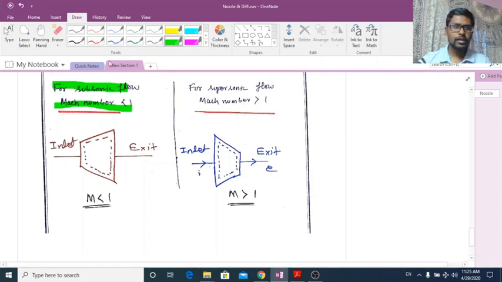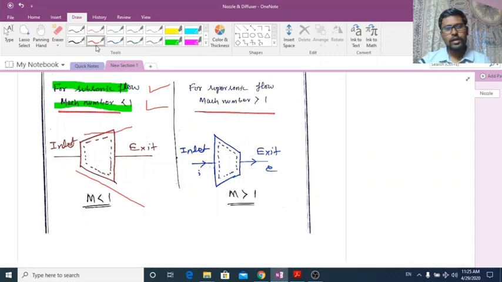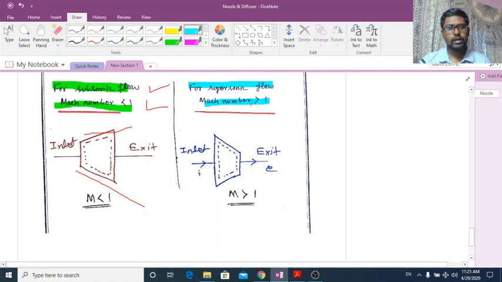And if it is a supersonic flow, or Mach number greater than 1, then what will happen? Along the direction of flow, the flow area will decrease. And see here, the area is gradually decreasing.